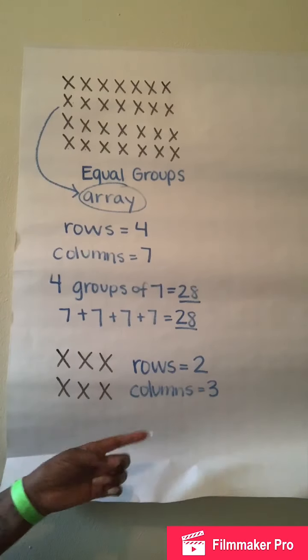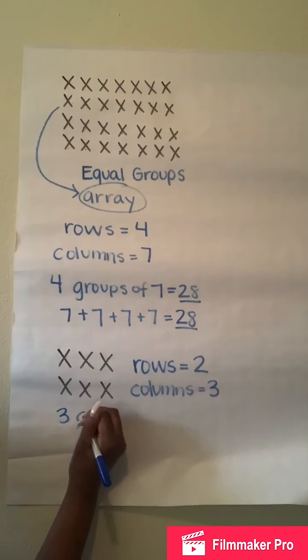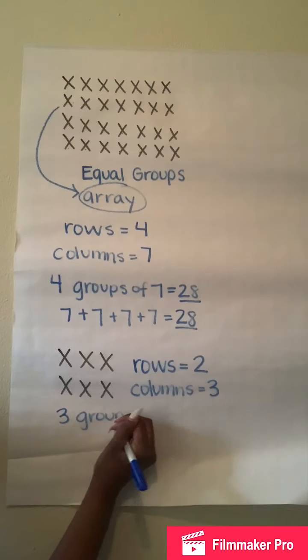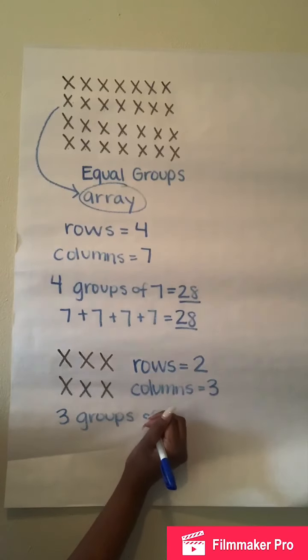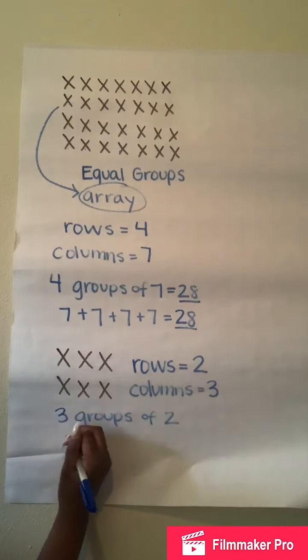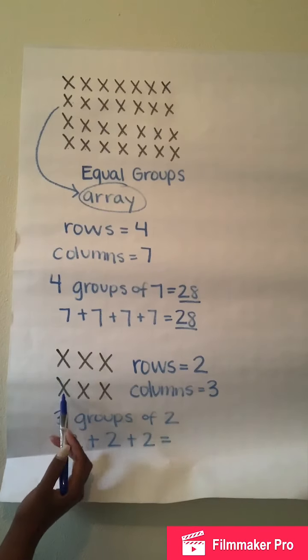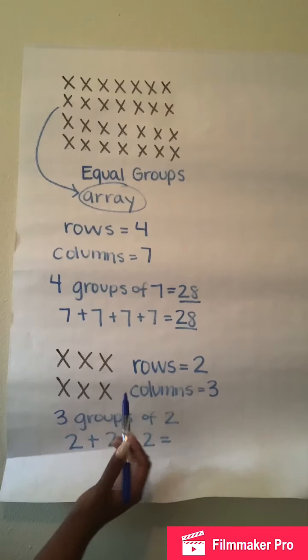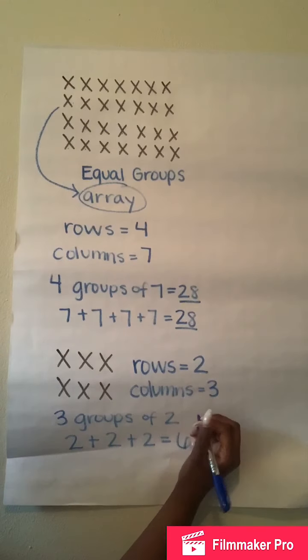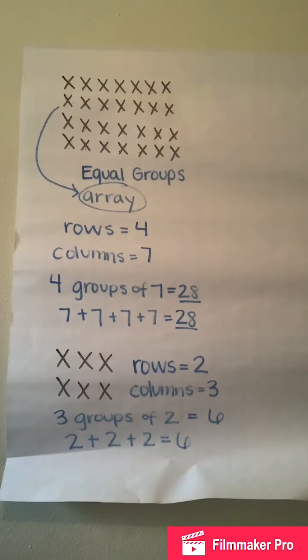In this problem, we're going to use the number of columns as our group. So we have 3 groups of 2, which is going to be 2 plus 2 plus 2 equals 2, 4, 6. So our 3 groups of 2 equals 6.